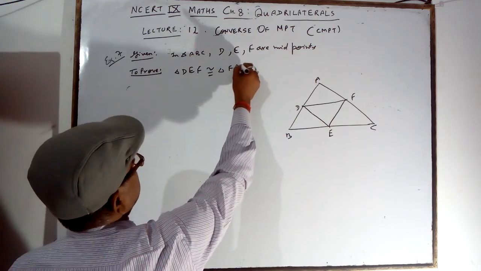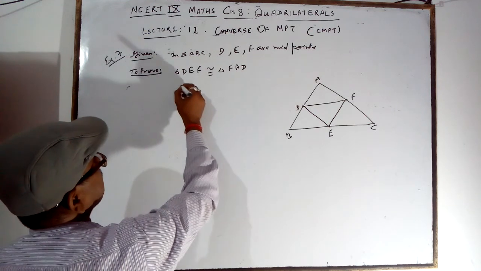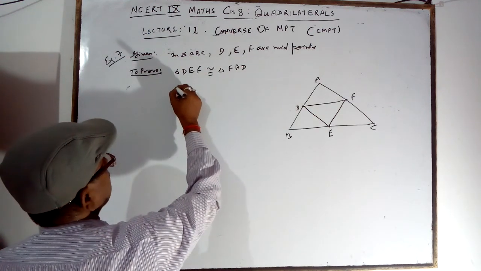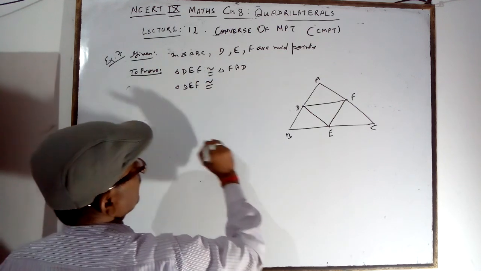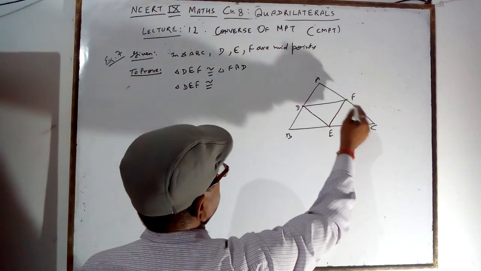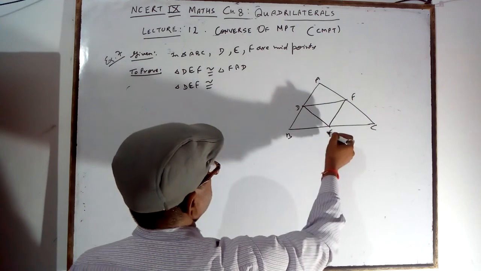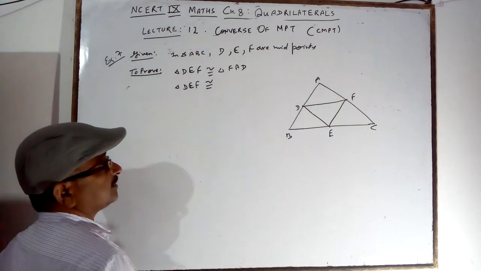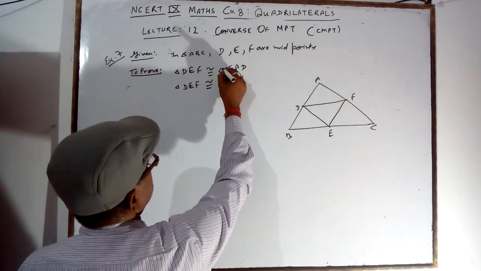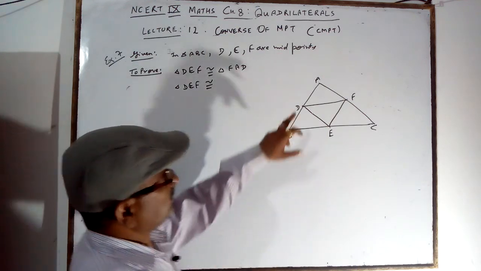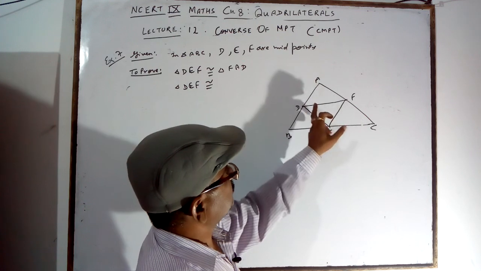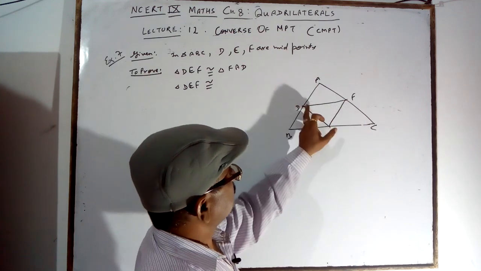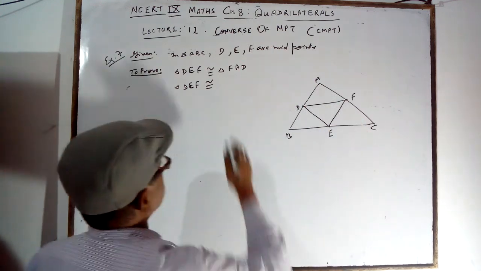Triangle FAD is also congruent to triangle DEF, congruent to triangle CFE. What will you get? Triangle DEF, angle D is equal to angle C, so you will get triangle CFE.